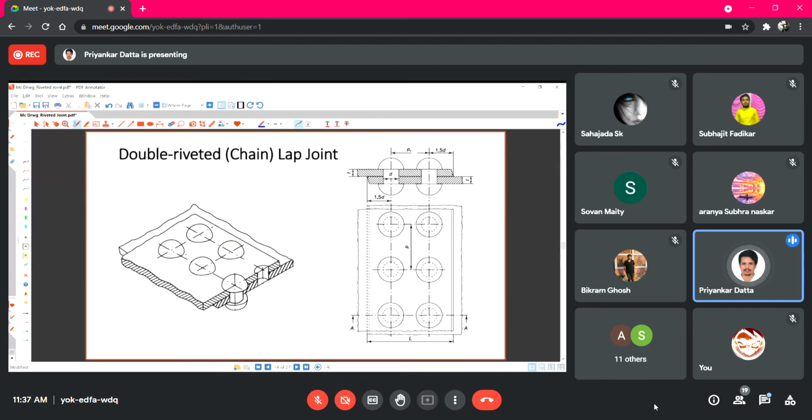So similarly for this double riveted chain lap joint, you can draw this type of projected view. Again, this one is placed in front of the vertical plane and above the horizontal plane. So the observer is seeing from the top and front, and the section is taken over here.